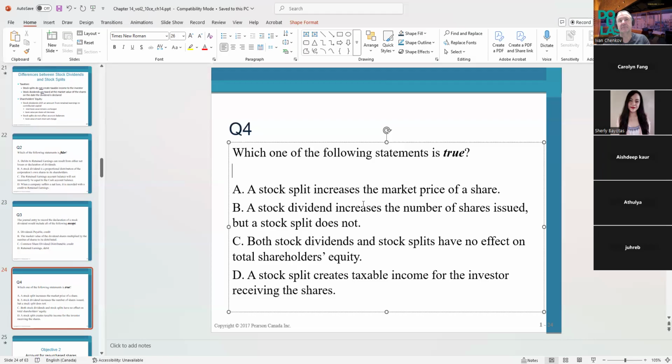No. It just doubles the shares that the investor holds, but doesn't create any other tax implications. Why? Because the stockholder, the taxpayer in this case, doesn't get anything extra. He's just replacing one share with two shares. There's no benefit for the taxpayer in terms of getting something extra.